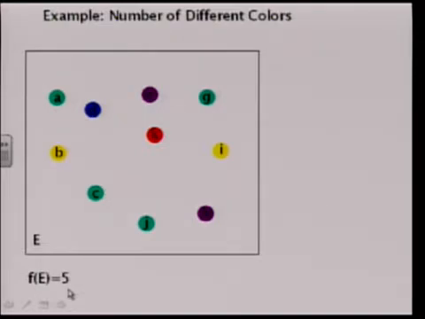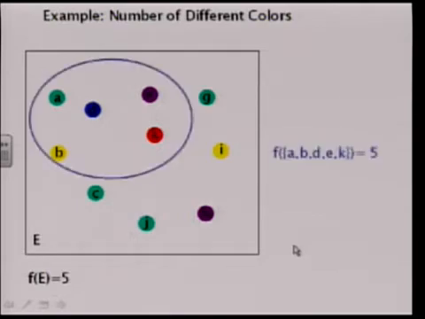And then you can use induction to show this is really the case. If you count the number of different colors on a subset of this E, then this set already contains 5 different colors, right? And this is a smaller one. It contains only 2 colors, right?